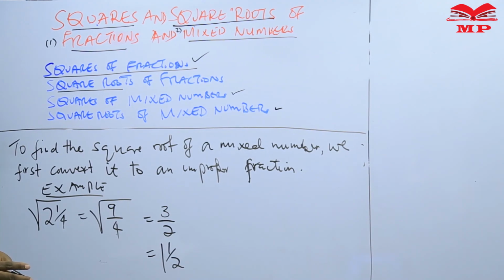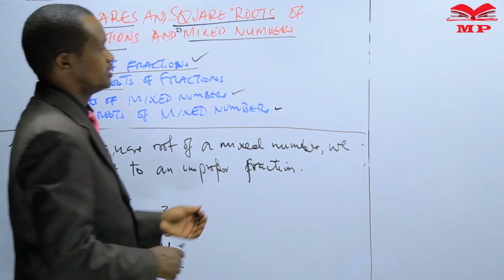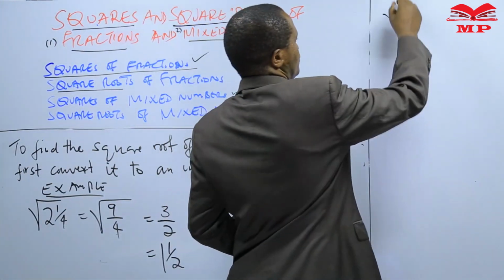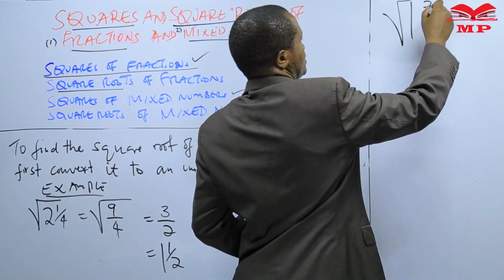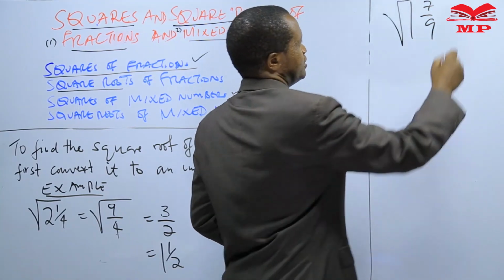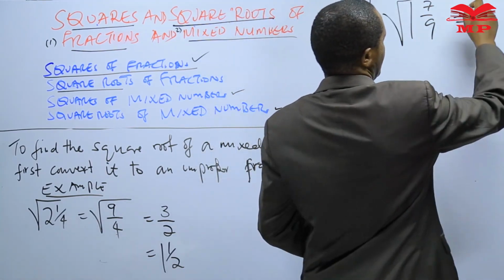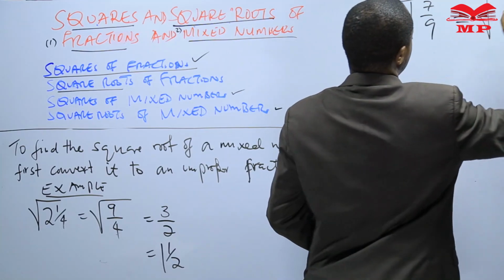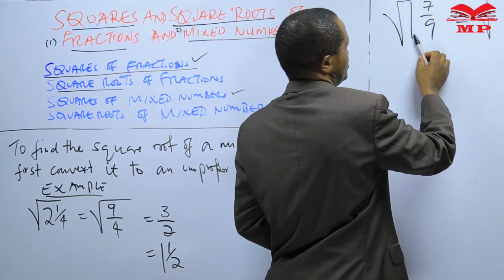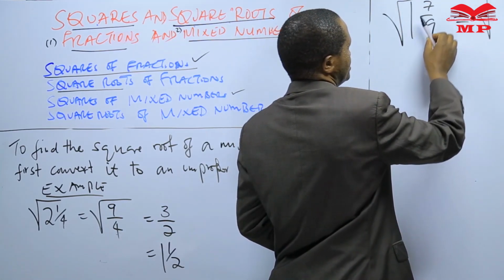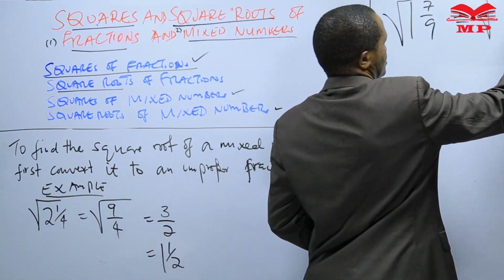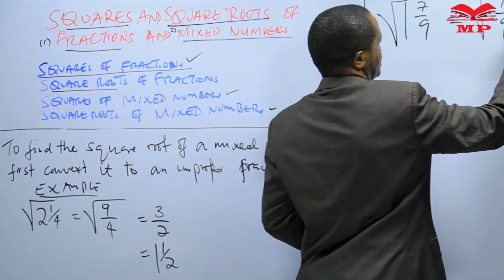Example 2 will be question 4b, the square root of 1 and 7 over 9. Convert this to an improper fraction. 9 times 1 is 9, plus 7, 16 over 9.